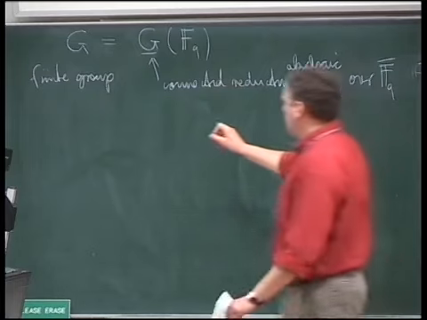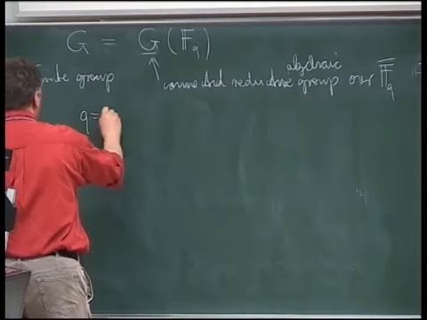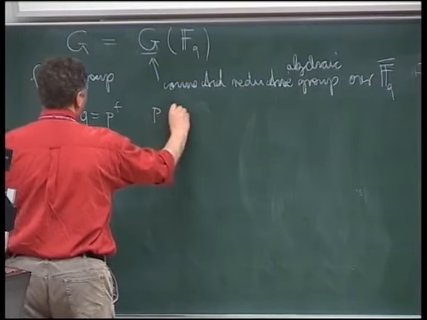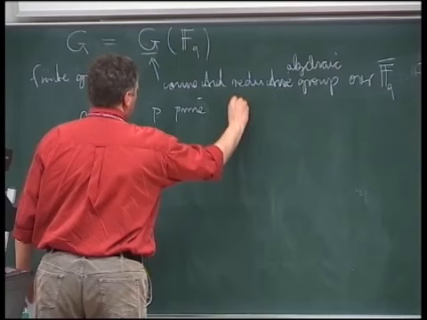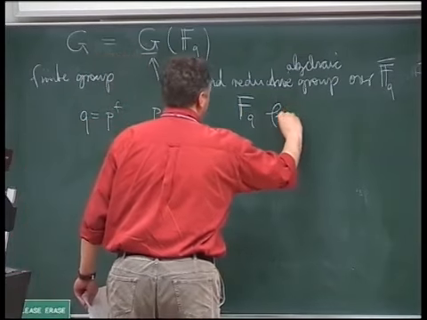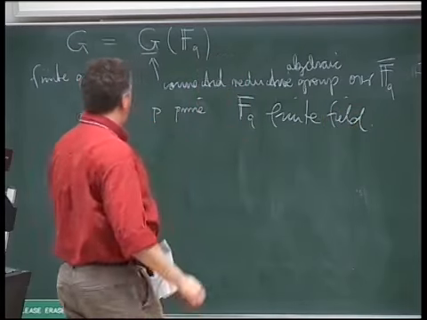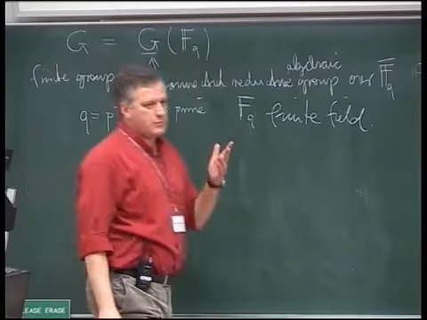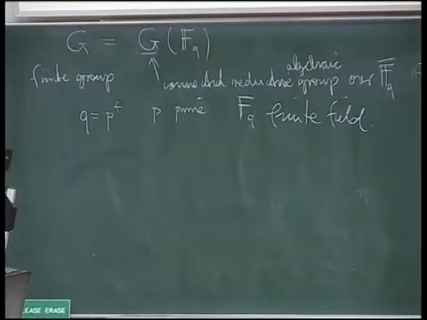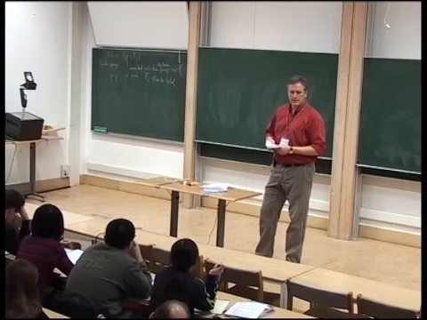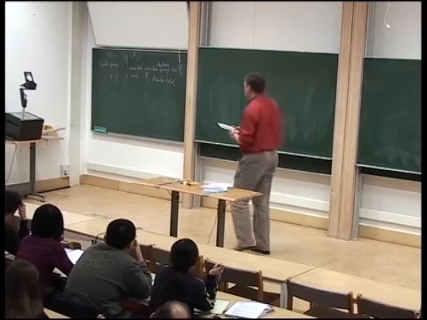So q is just the prime power here. So this F_q is the finite field. And by this we mean that we assume that there is an F_q rational structure on this algebraic group, and we take coordinates in the field with q elements.